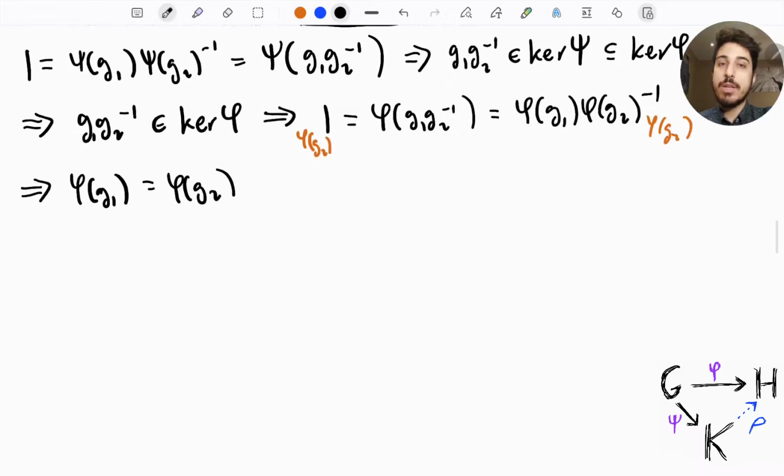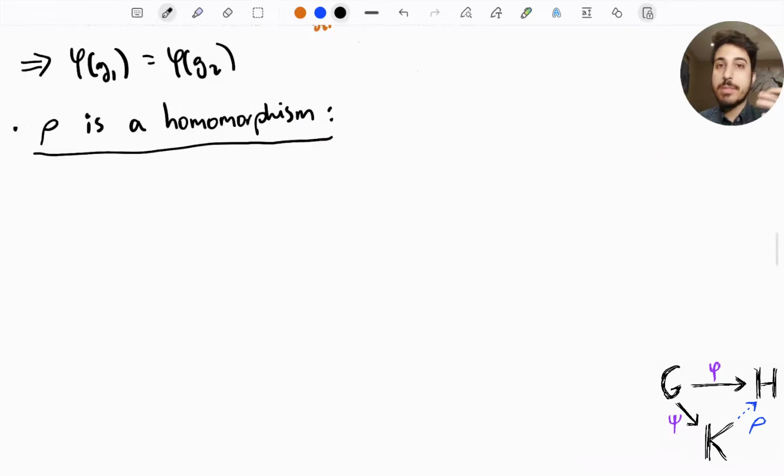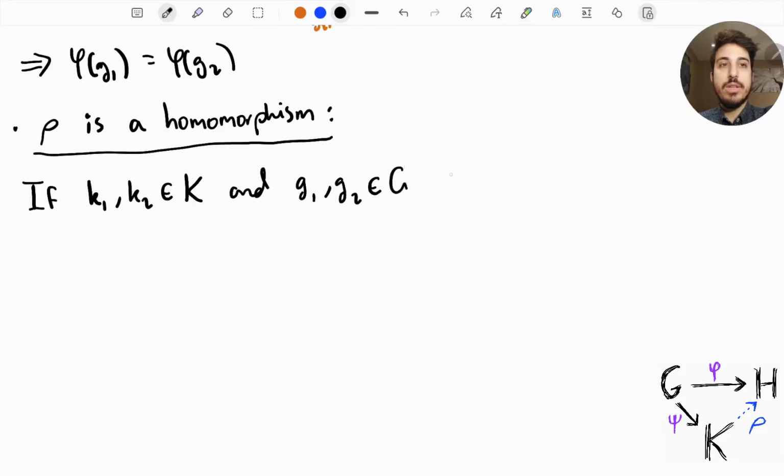Let us prove now that rho is a homomorphism. This proof is direct. We use two elements k1 and k2 in K, the domain of rho, and we know that since psi is surjective, then every k in K is going to be the image of some G. So I'm going to say it's G1 and G2 in G, such that psi of G1 is equal to K1 and psi of G2 is equal to K2.